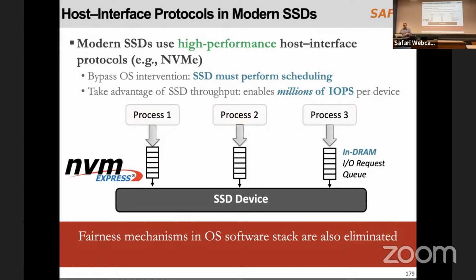But at the same time, when you have access to your SSD, assuming that you can implement IO scheduling inside the SSD, now you have much more information about each process. You know about the internal parallelism and internal tasks of the SSD, so you can hopefully make much better decisions than before.